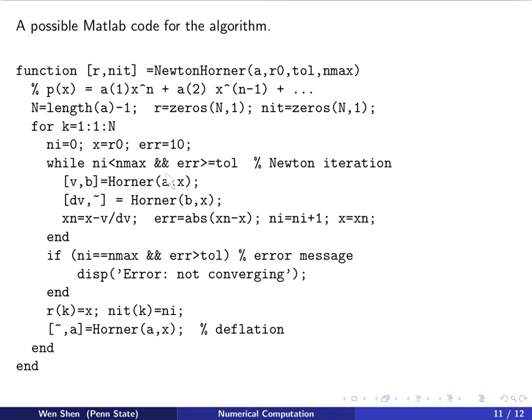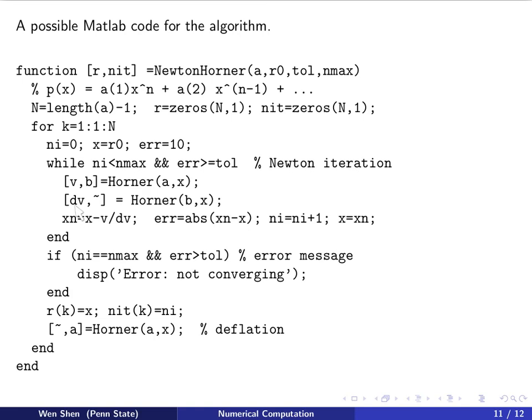Then we go into a while loop. Here is just Newton iteration to find that root. We call Hörner, sending a and x. Hörner returns v, the value evaluated at x, and b, the coefficients for the deflated polynomial. Once we have that, we call the function Hörner one more time, sending in b as the coefficients, and we evaluate it at x, and we only receive the value here.